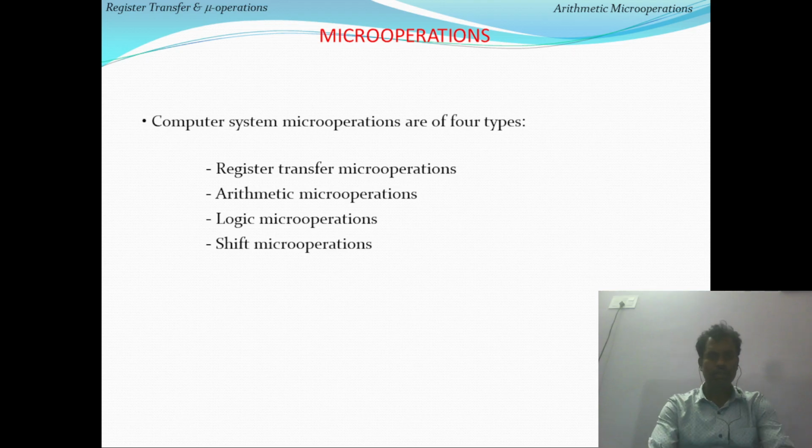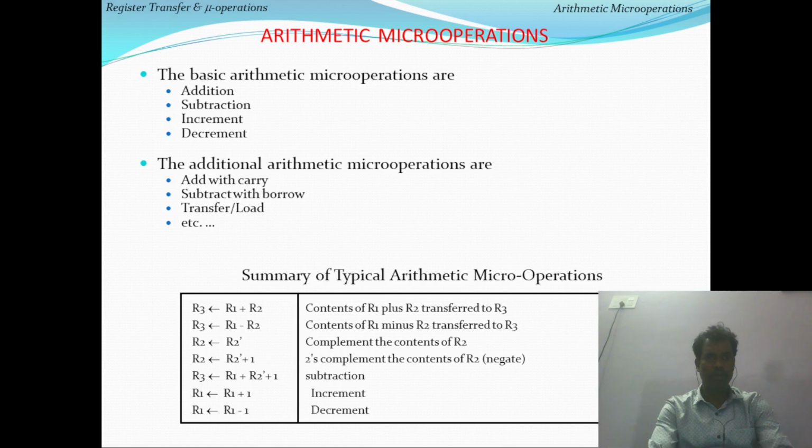Right, so there are four types of micro operations. One is register transfer micro operations, second is arithmetic micro operations, third is logic micro operations, and fourth is shift micro operations. The basic arithmetic micro operations are addition, subtraction, increment, and decrement.